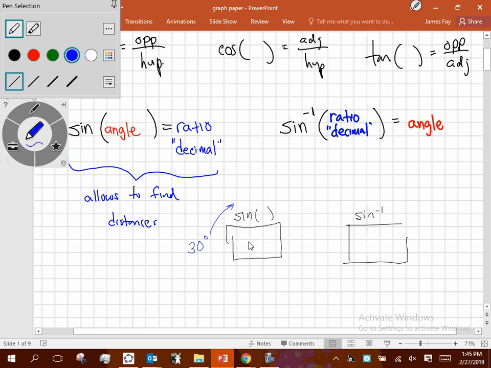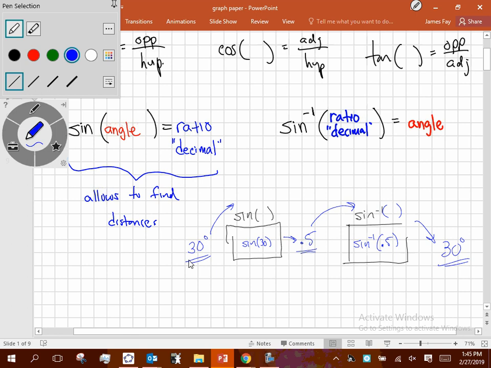So it would look like sine of 30 degrees, right? What is that going to spit out to me? 0.5. That 0.5 now becomes the input here. So put sine inverse of 0.5. Now type that in your calculator. And what's it spit back out? 30 degrees. Spits back out what I started with, right? That means those two functions undo each other.